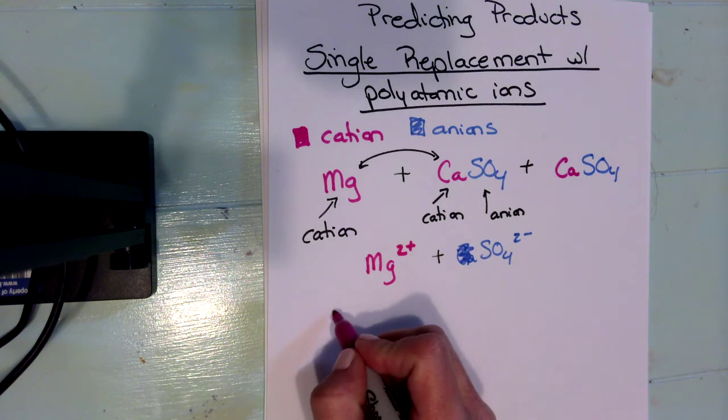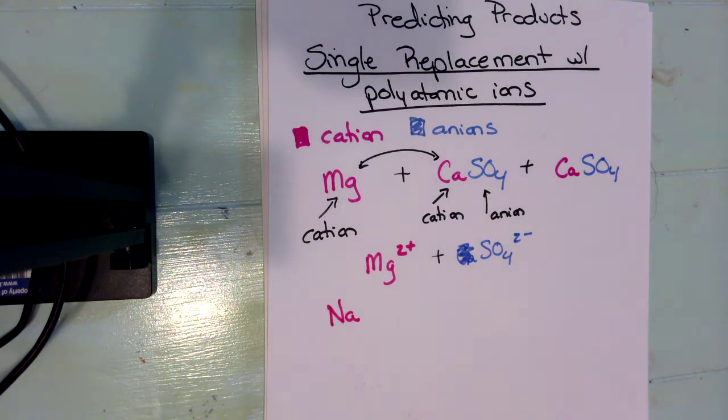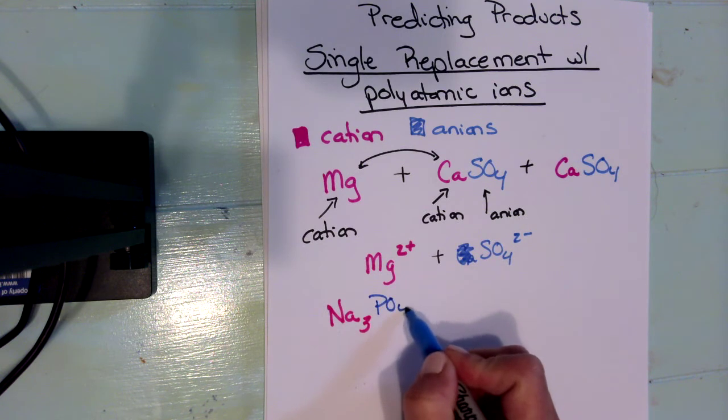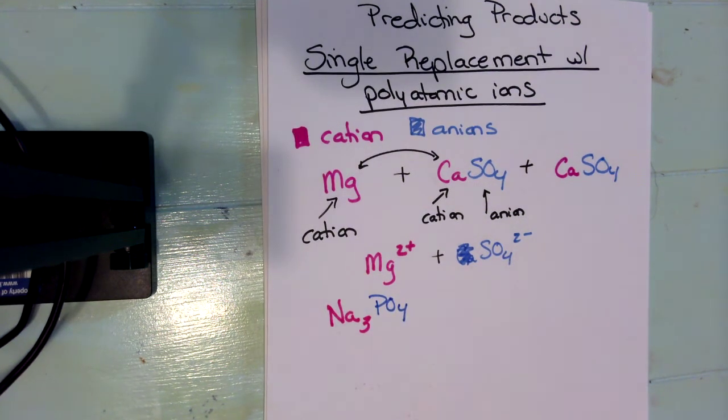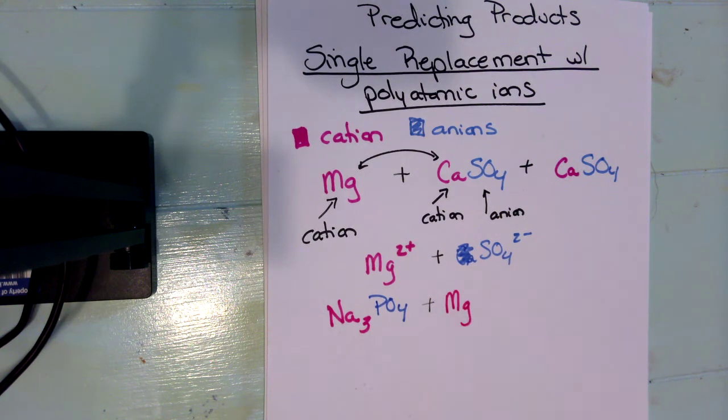If we have Na3PO4, and let's say that this time it joins with Mg.